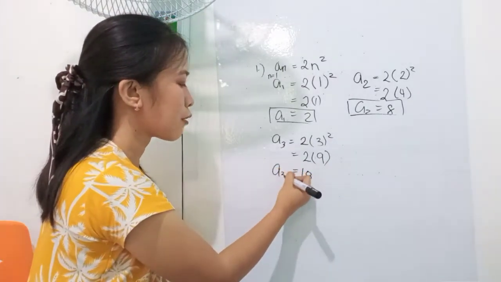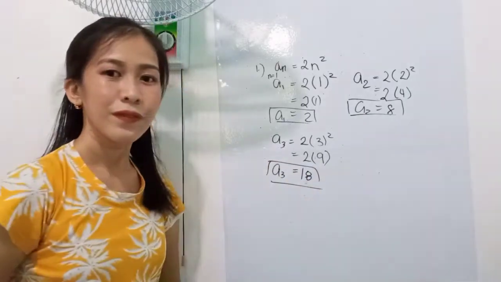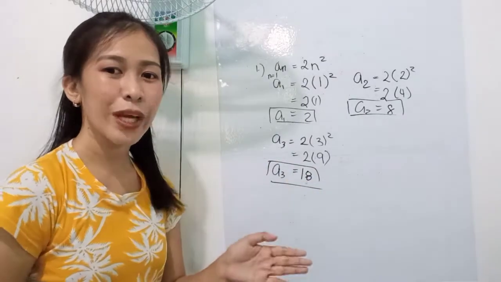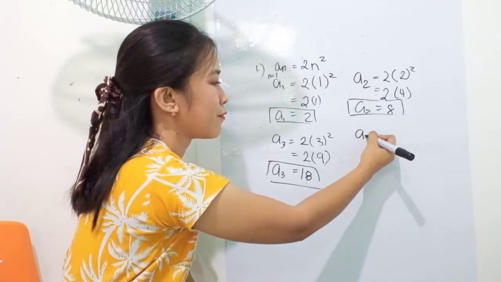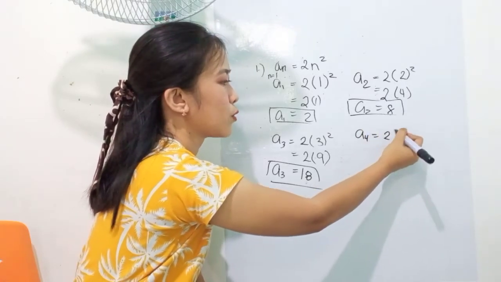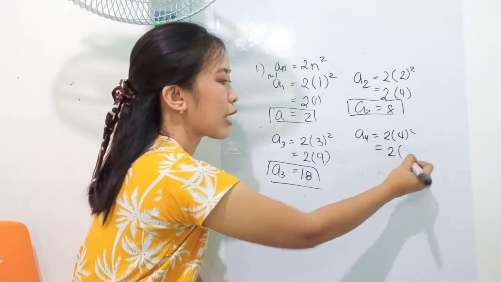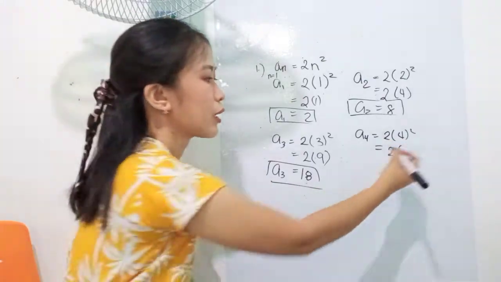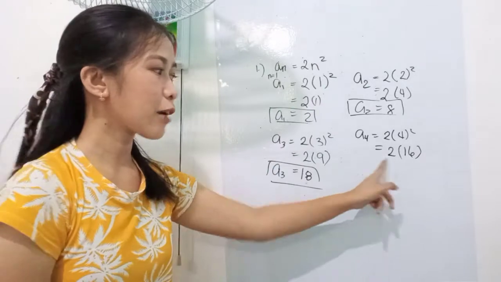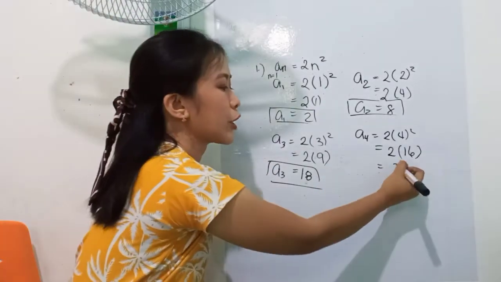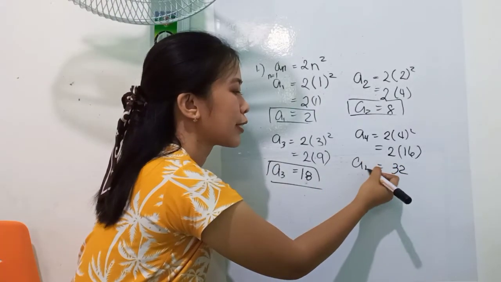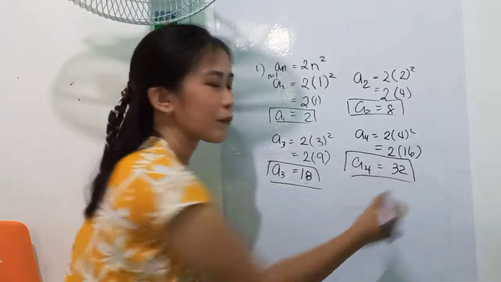And then, that is our A sub 3. Diba? Now, let's move on to A sub 4. So, A sub 4, ganun lang kasimple ha. 2 times 4 raised to 2 equal 2 times 16. And 16 times 2 is equal to 32. Therefore, our A sub 4 is 32.